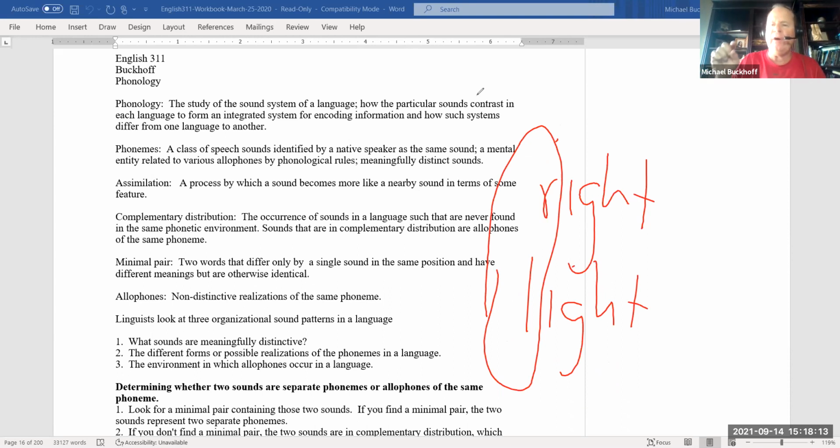So if you said to a Korean or Japanese speaker, turn right at the light, they're going to say turn right at the right. They're going to say the R and the L both as an R, and they have a lot of trouble pronouncing the L. I'm teaching two Korean students right now, and they're working really hard on this.